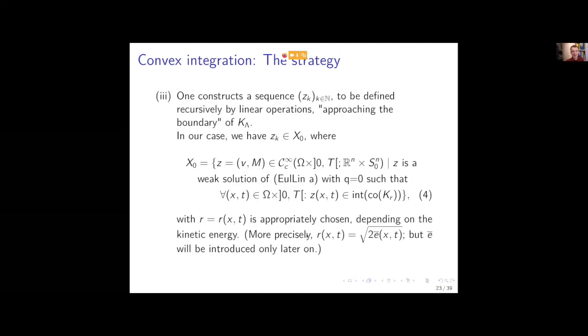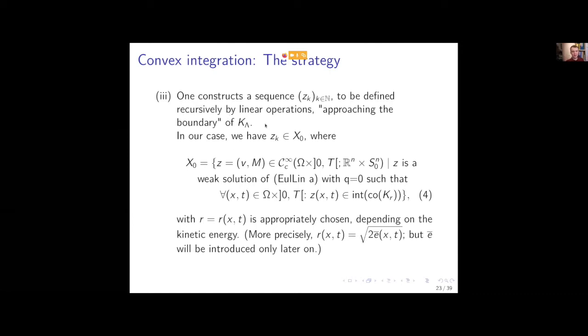Okay, so let's say we have the linear system L, and we have the subsolution Z0. What we now do is we construct a sequence of solutions. So just to recall, in our case, we're looking for v and p, right? That's the solution we're looking for. So we construct a sequence of solutions called Zk that approaches the boundary, in a sense, of the special function space.